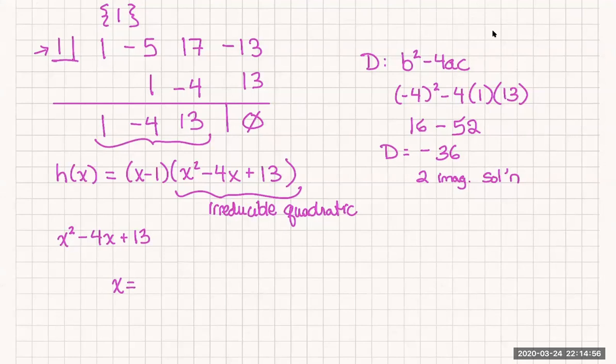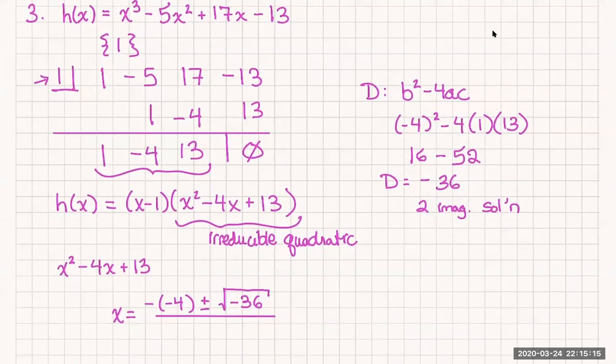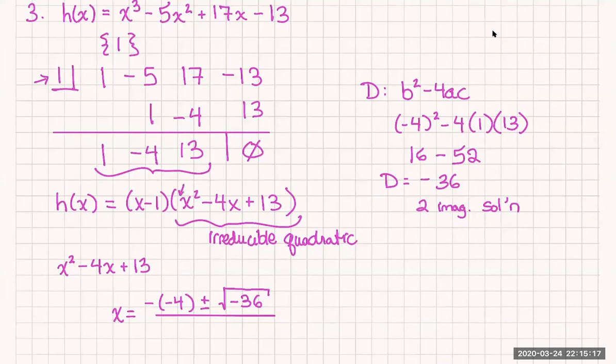So -b, so -4 plus or minus the square root of the discriminant, which is in this case -36. All of that over 2 times a, which in this case a is 1.